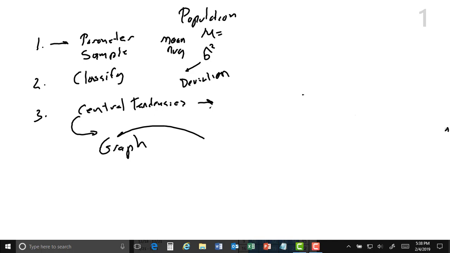But, okay. Now let me just clean it up. So I'm going to be pounding this into your brain. We got the population, we got the sample, right? We're going to use a sample to make inferences about the population. That's the whole big picture, really. And in this population we have the mu that we just talked about, right?